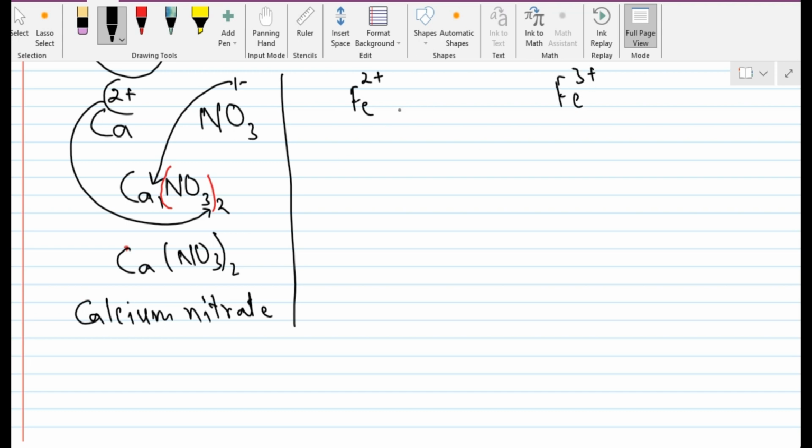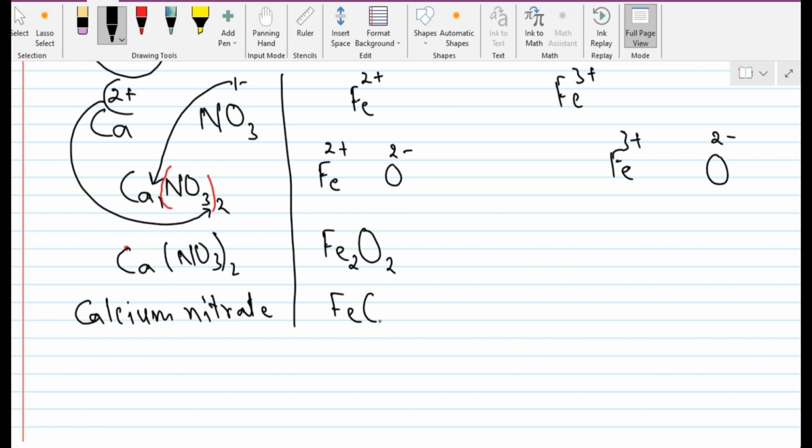So if I combine both of them with the oxide ion, iron 2 with oxide and iron 3 with oxide, what should be the procedure? What we learned previously: just combine them, Fe2, cross the numbers and O2. But as the numbers are same, ignore them. So the final formula should be FeO.